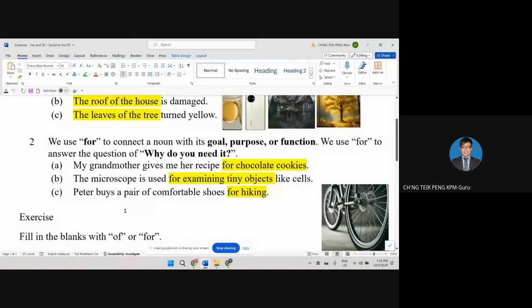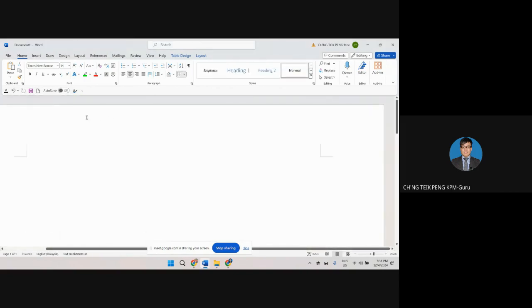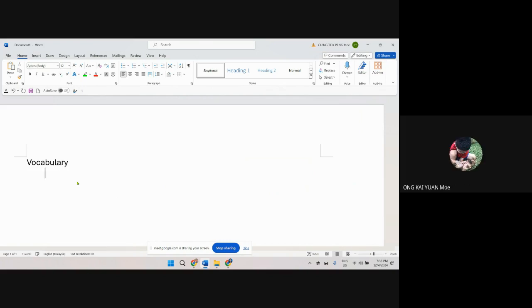Now look at point number 2. Point number 2 is slightly difficult. We use for to connect a noun with its goal, purpose, or function. Let me write down the meanings first. Teacher, are we going to write the email? Yes. Tonight we're going to write an email. The goal means target. The function is its function. And the purpose means aim. I will often use these 3 words when explaining later.